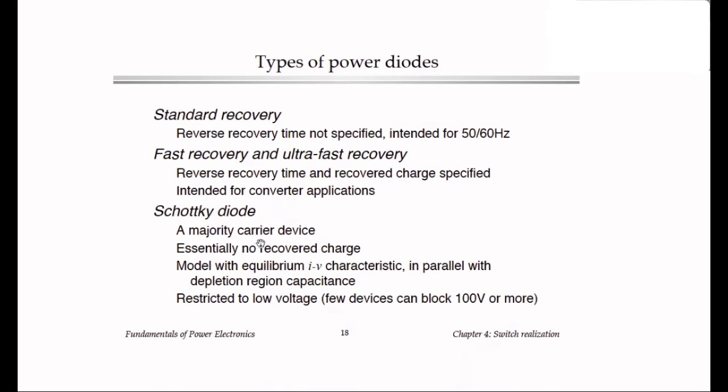However, they're very fast switching, and very often in a power converter, if you replace your PN junction diode with a Schottky barrier silicon carbide diode, even though the conduction loss is higher, the switching loss is much lower and overall the efficiency is improved.